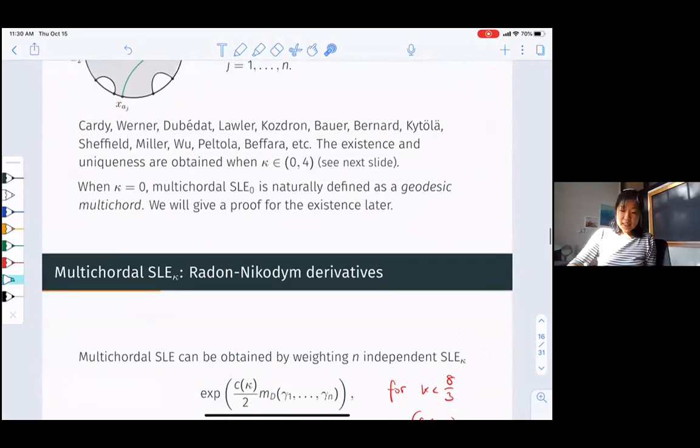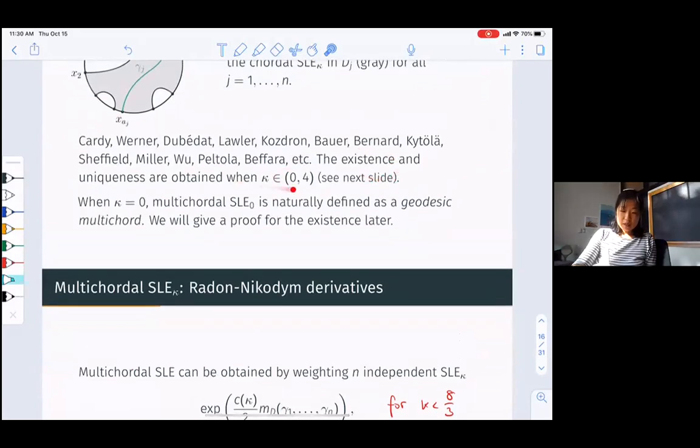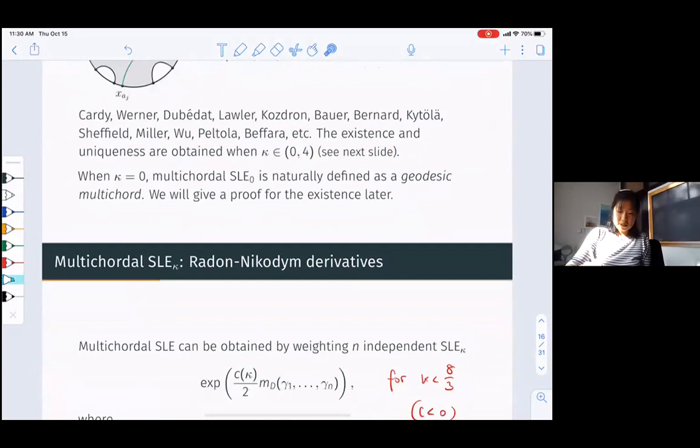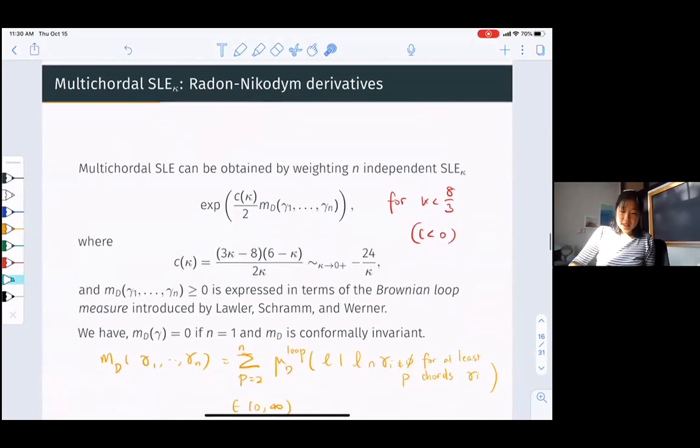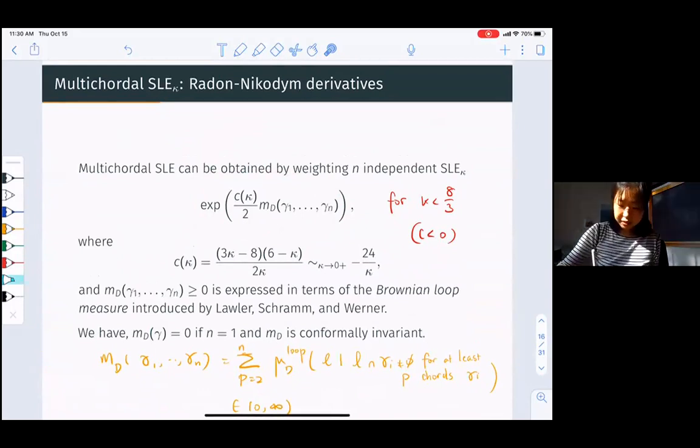The reason that the results on uniqueness and existence work for kappa in (0, 4) is that the multichordal SLE can be obtained by weighting an independent SLE by this factor.